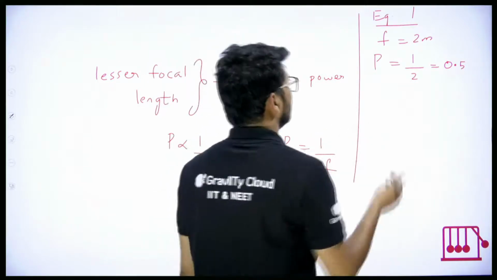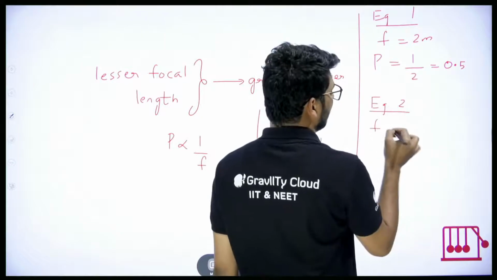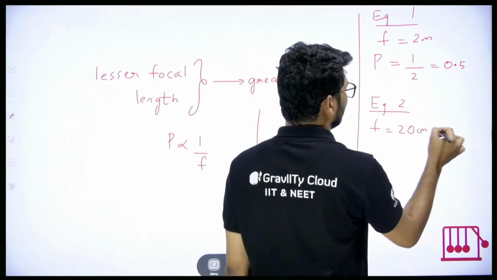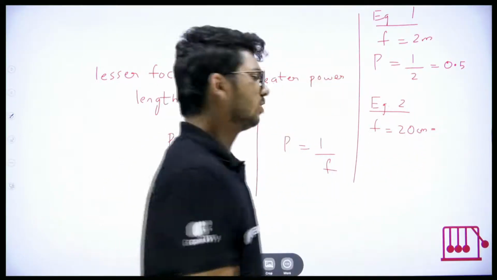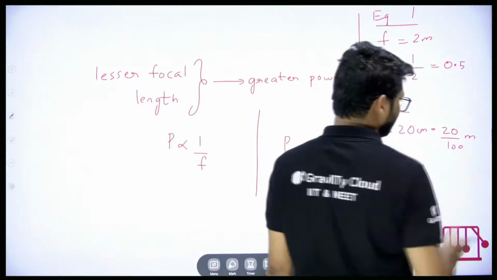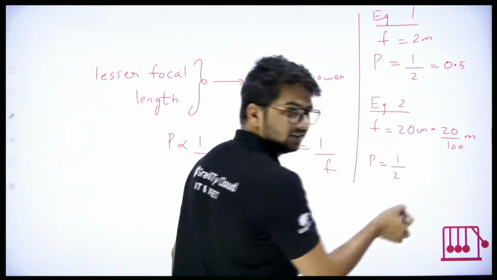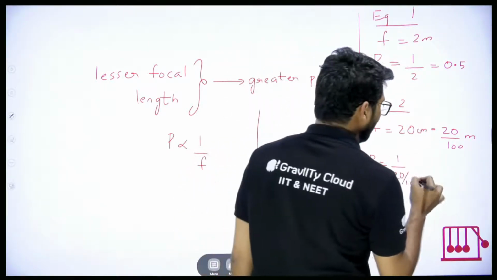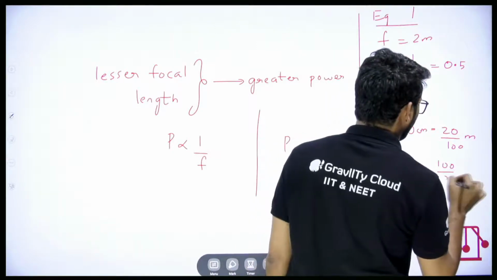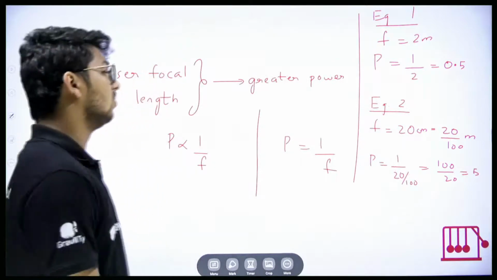So the denominator should be in meters. But if I take another example, let's say focal length is 20 centimeter. What is 20 centimeter in terms of meter? 20 by 100 meters. Yes or no? So then power will be equal to 1 by 20 centimeter, which is 20 by 100. How much is that? 100 by 20, that is equal to 5.